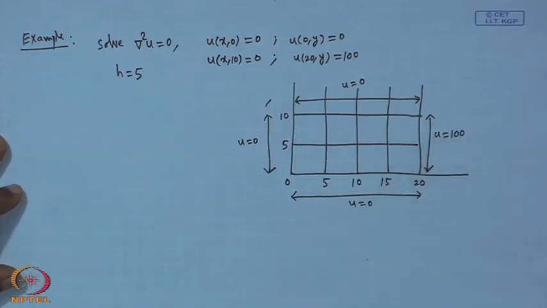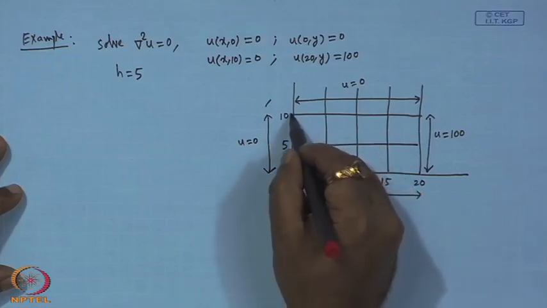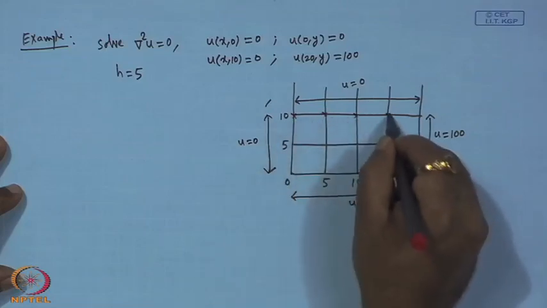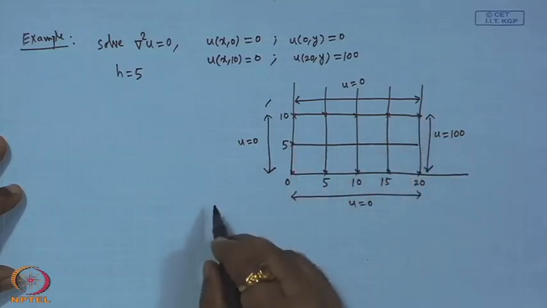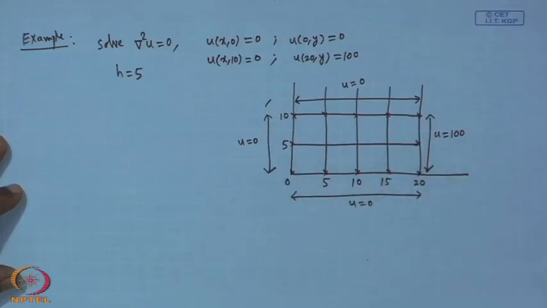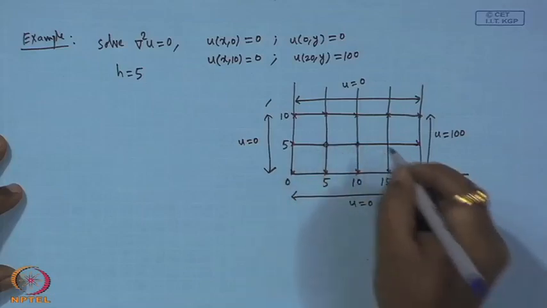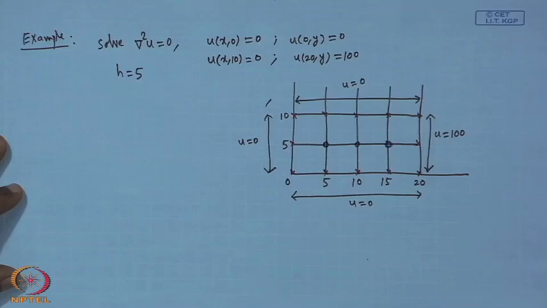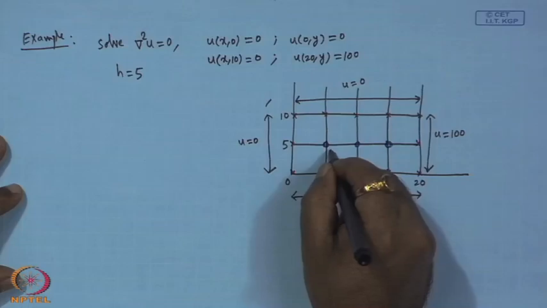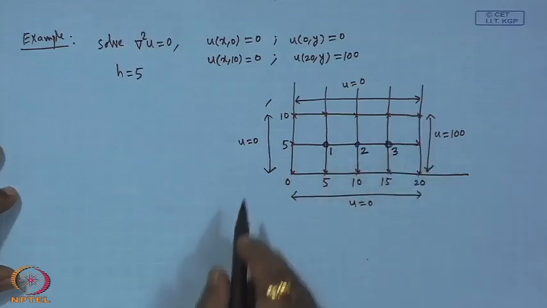So, now what are the unknowns? We have grid points; these are boundary points and these are the internal points. Okay. So, now we have to compute the value at these points. Say we call them 1, 2, 3, right.